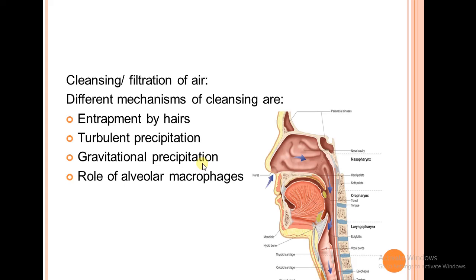Since the particles settle down because of gravity, the process is called gravitational precipitation. The size of particles which settle down by gravitational precipitation is from 1 to 5 micrometer.